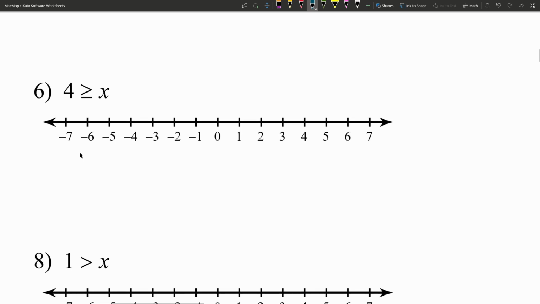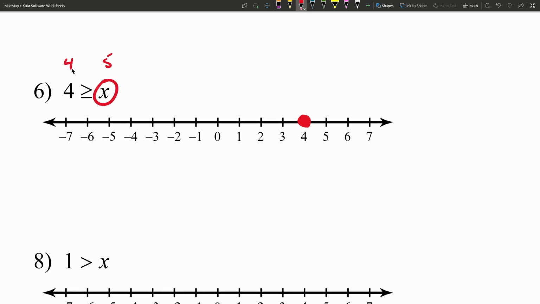In number 6, we have that 4 is greater than or equal to x. So finding 4 on our number line, we know that x is values that are greater than or equal to. So we're going to fill in that circle because we have that equal to. And we're going to be shading to, which way? Think about it. Let's try plugging in a 5.